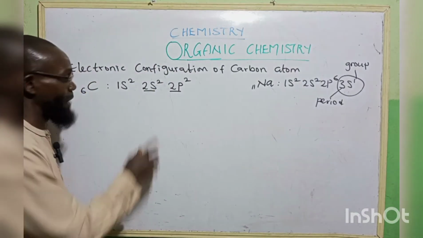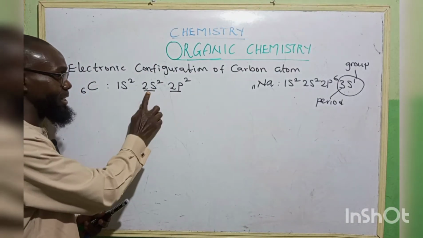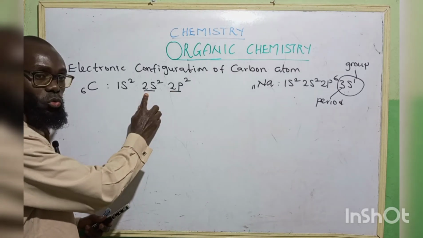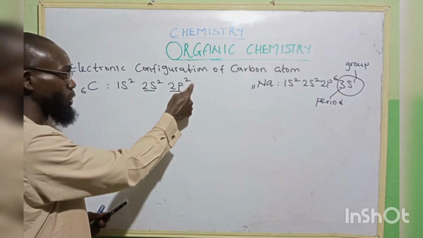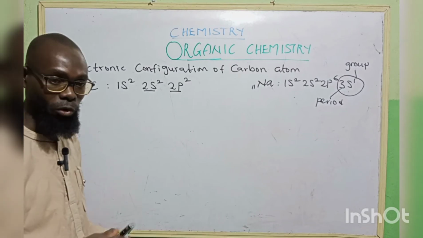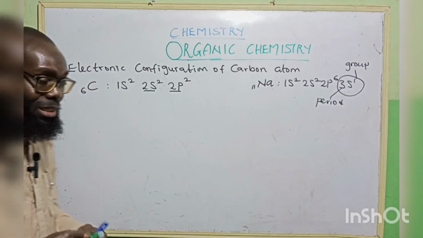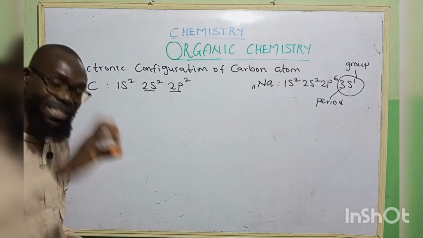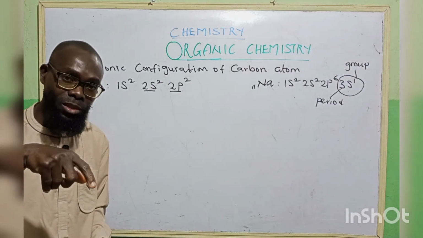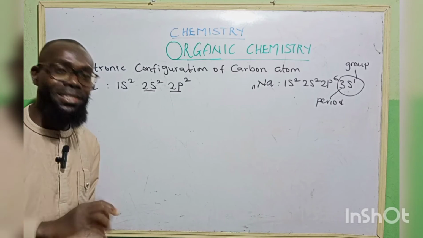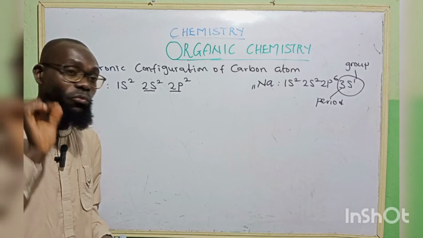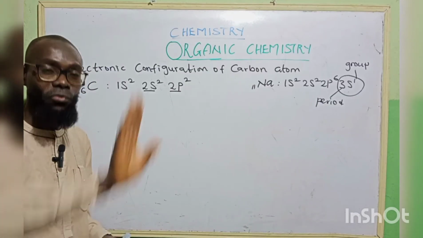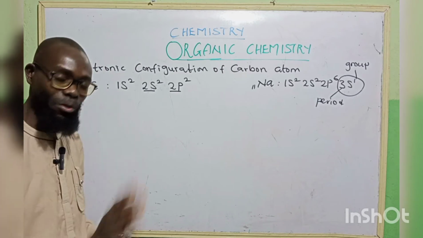Now, this carbon belongs to period 2 and group 4. 2 plus 2 gives us what? Gives us 4. If you understand this, we can now see that with the electrons in the outermost shell, anytime a carbon atom wants to form a compound, 4 bonds must surround that carbon atom.